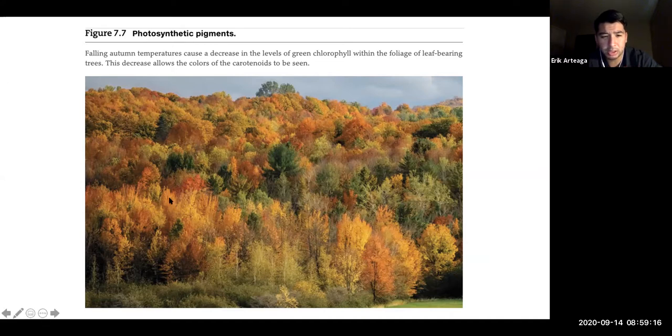Okay, and then you'll see these beautiful colors in the fall. Okay, so again, these are carotenoids. These are different types of pigments that will be utilized by that plant or that tree to harvest light energy. But again, they're left in the leaves because they're not as important as the magnesium-based chlorophylls are.